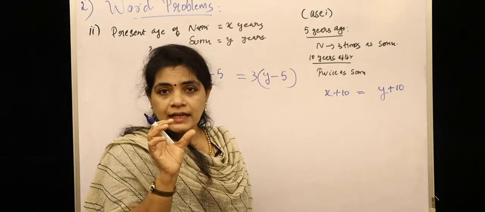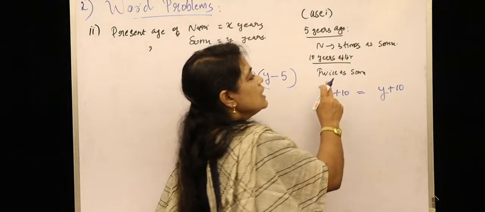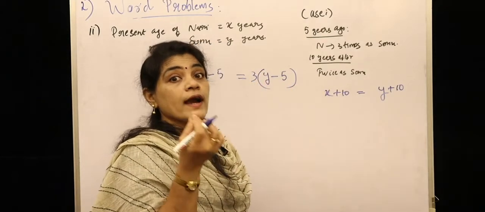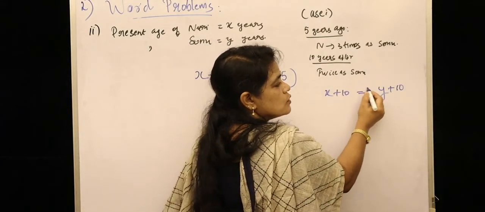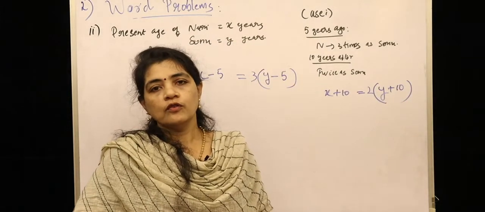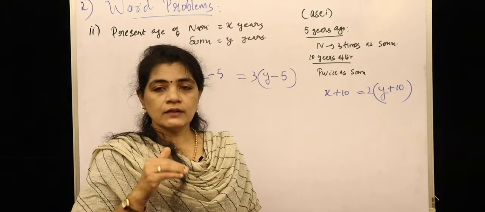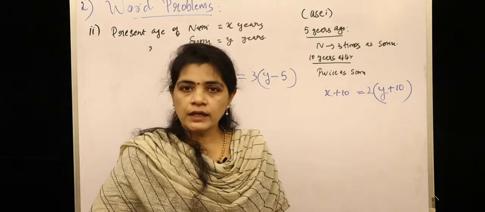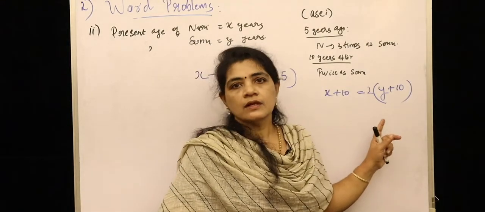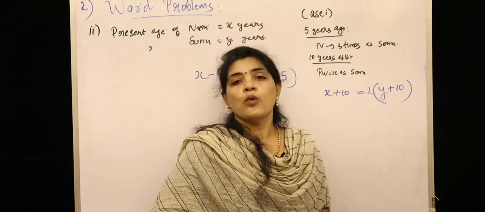And according to the question, after 10 years Noori will be twice as old as Sonu. So twice means you have to multiply with 2 the age of Sonu. So we have x plus 10 is equal to 2 into y plus 10.